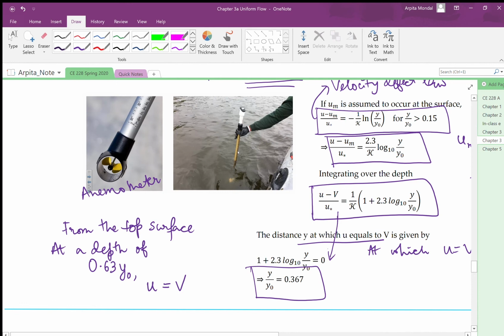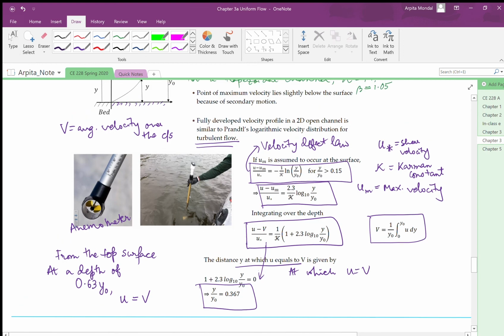So if we are to measure the average velocity at any channel cross section, we insert this anemometer to a depth of 0.63 times the total depth. And similar to pipe flows, we also have the law of the wall here.